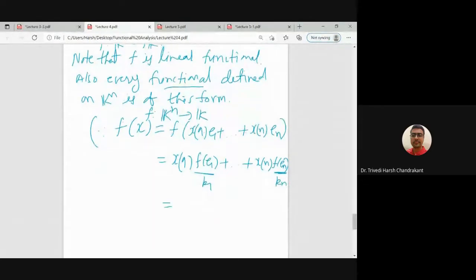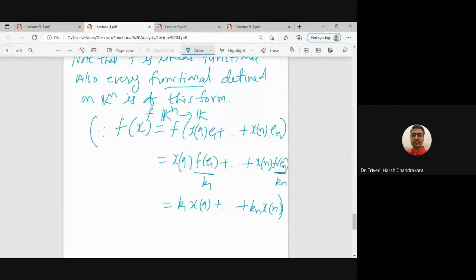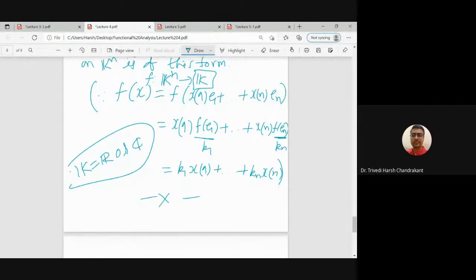So this is nothing but k1 x1 plus and so on kn xn. These things we already studied in linear algebra. The thing is that we are using K for the common field, which is either the real numbers or complex numbers. Otherwise, all these things we already know from linear algebra.